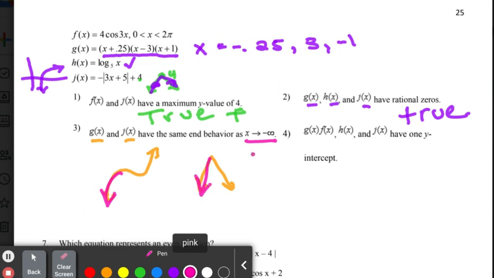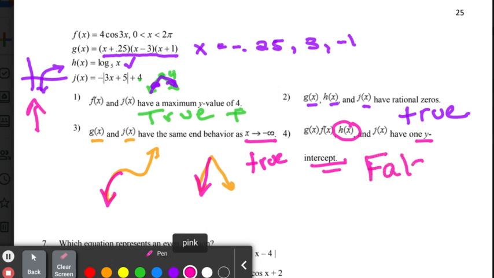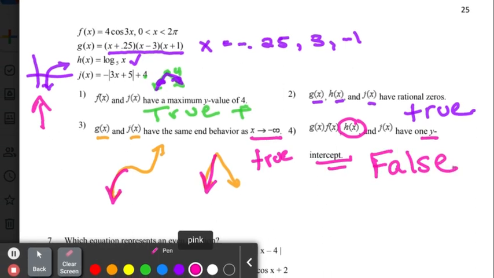So that is true. The last one is obviously false because it says h of x has one y-intercept. H of x is our logarithmic function, and there is an asymptote at the line x equals 0. It never crosses the y-axis. So that is false.